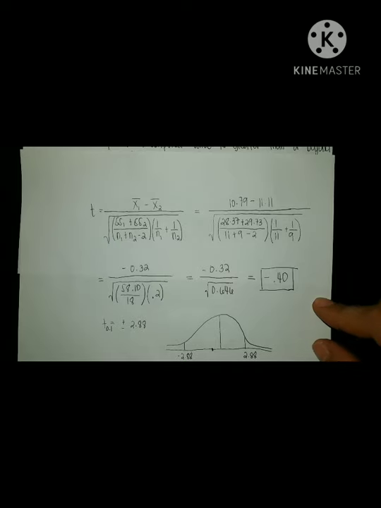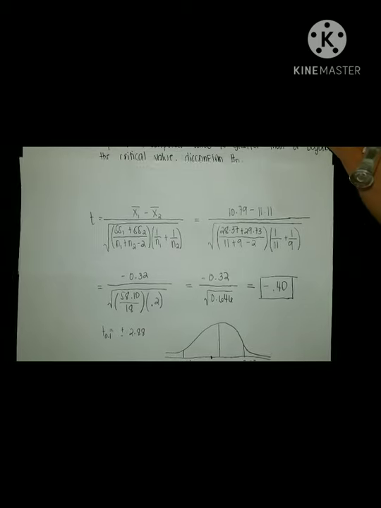As we can see, the computed value is within the tabular value of positive and negative 2.88. Therefore, the t computed value is not greater than or beyond the t tabular values. It is within the t tabular value. Therefore, we will accept our null hypothesis.